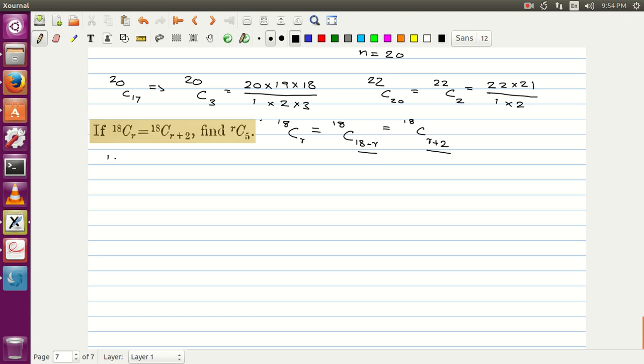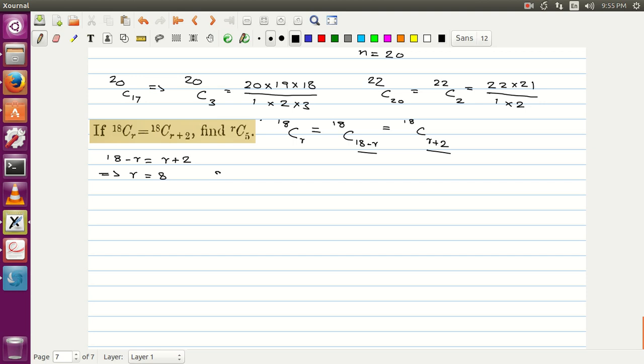So we know that 18 minus r is equal to r plus 2, and from here we can solve that r will be equal to 8, right? Because 2r is equal to 16 and r is equal to 8. And what do we have to find?